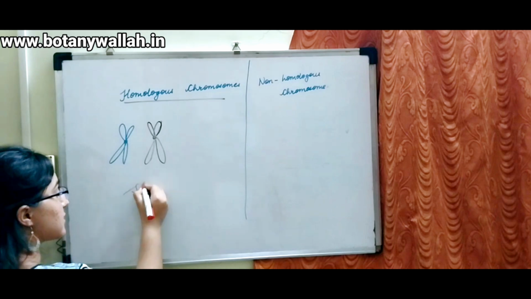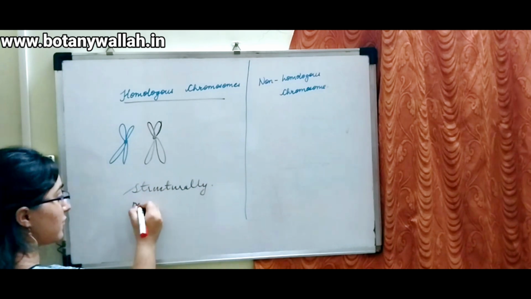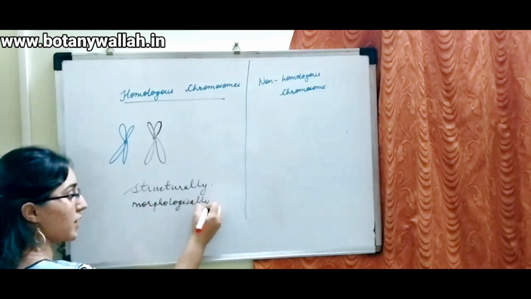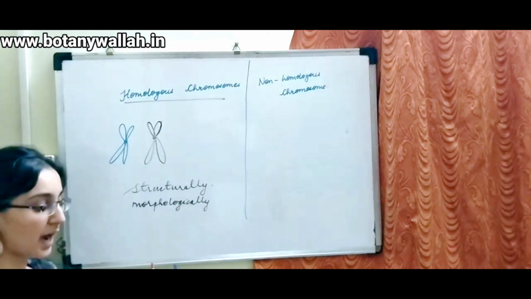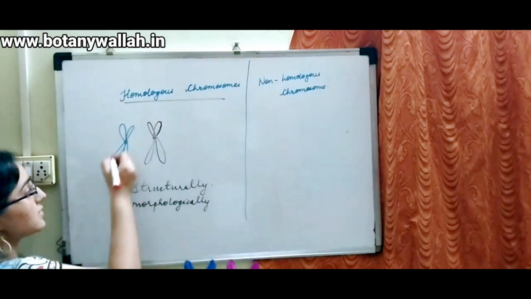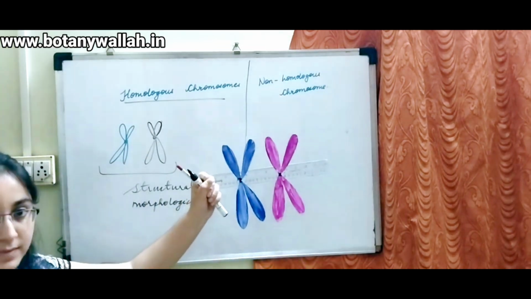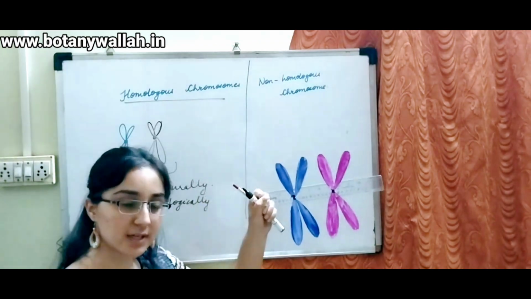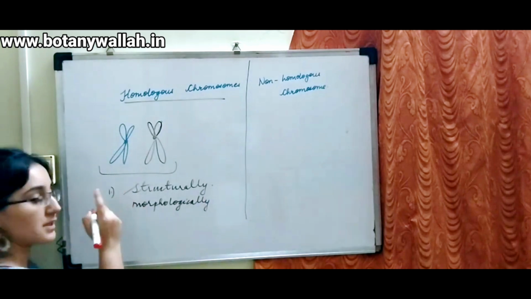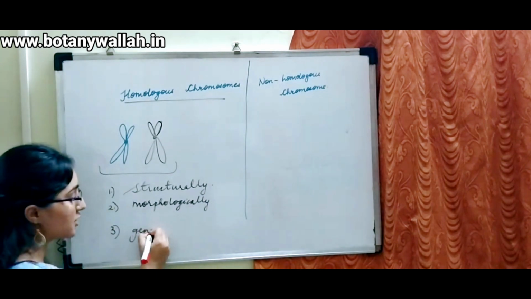So they are structurally and morphologically the same. I told you how structurally; you can see it here again, or in the two-chromosome pair I drew on the board. Structurally the same, morphologically the same, and genetically the same. So the first is structurally, the second is morphologically, and the third is genetically.